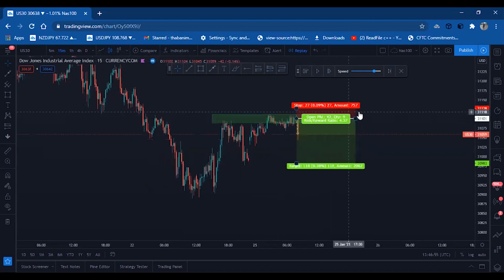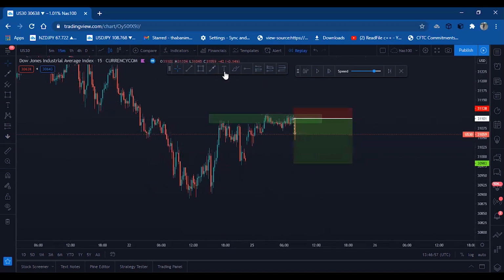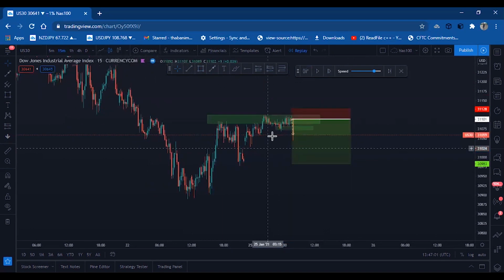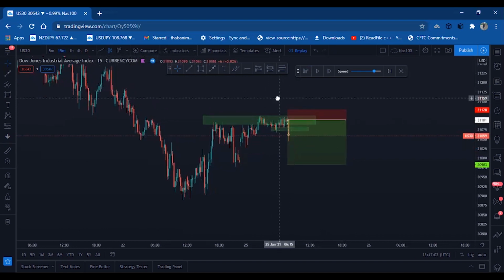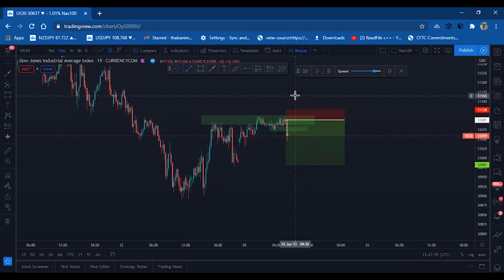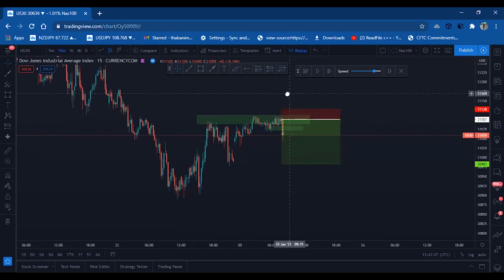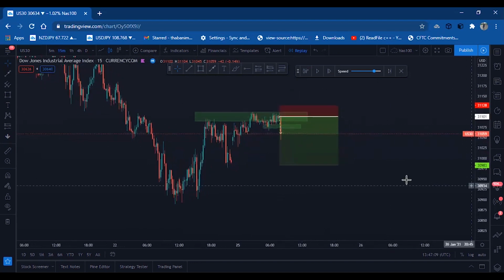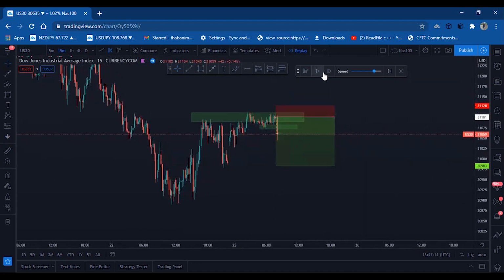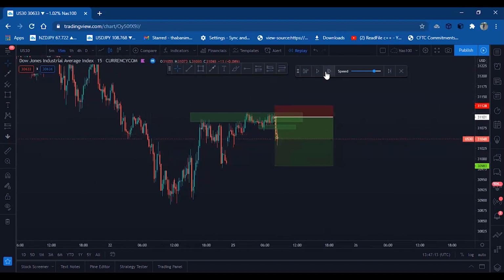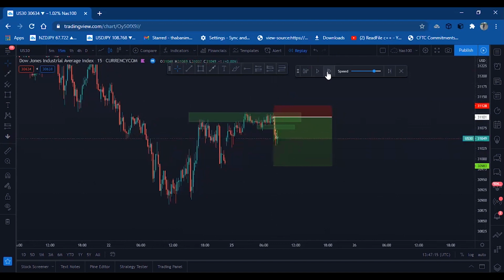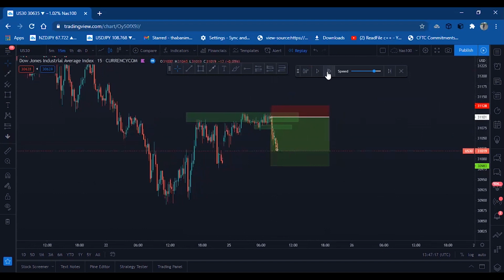It pushed impulsively to the downside, breaking these areas here because this is a significant area. Let's see if we get a retest to find a scaling-in position, capitalizing to the downside on this trade of US30.